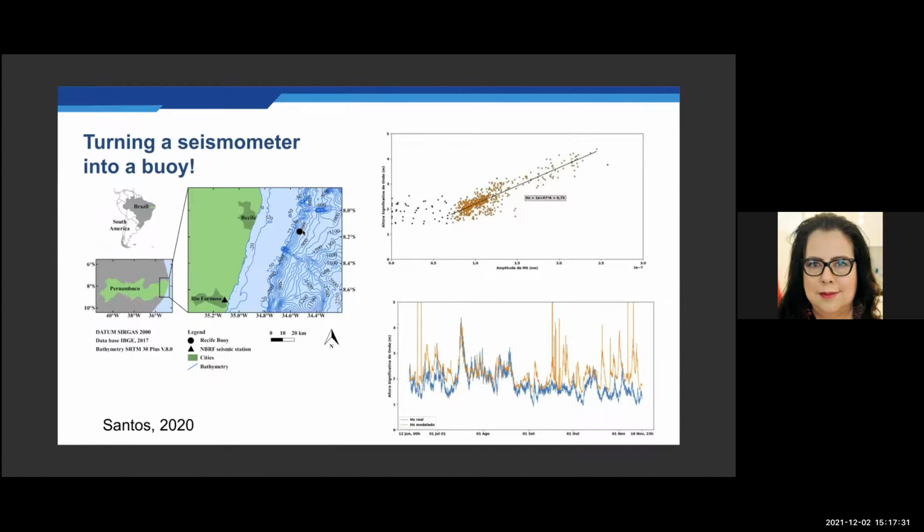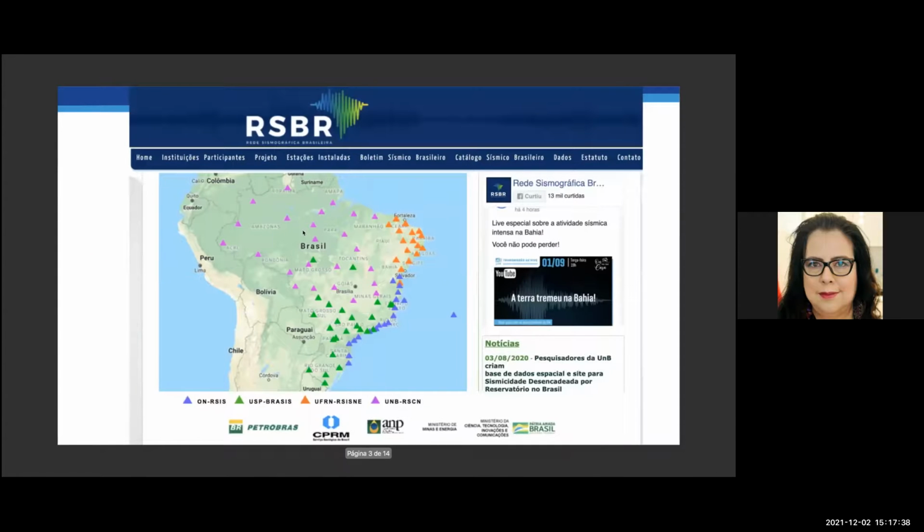And it would be an interesting exercise to see how this noise, provoked by the sea at that particular time, is being seen by the seismographs that we have installed.